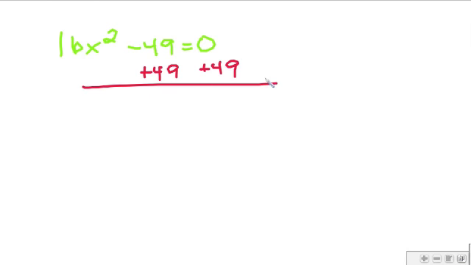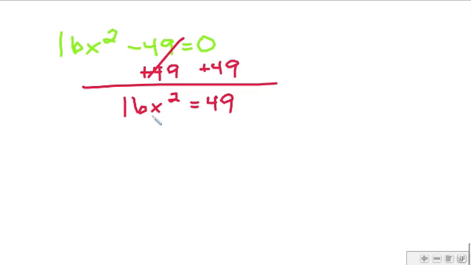Let's try this problem. We have 16x squared minus 49 equals 0. Again, I want the one with the x squared by itself, so I'm going to go ahead and add the 49 so I can get this x squared by itself. These cancel, giving me 16x squared equals 49.